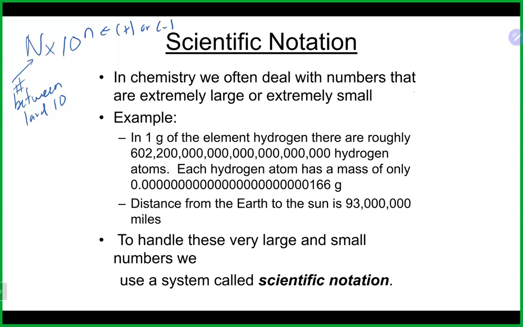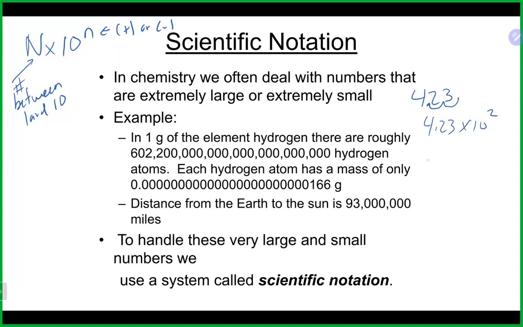If we had something like 423, we assume that the decimal point would be here, even if it's not written, and we go 2 places to the left, and that gives us 4.23 times 10 to the 2. Here we move to the left, and we end up with a positive exponent.